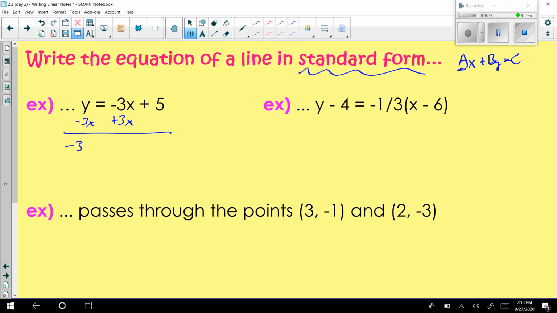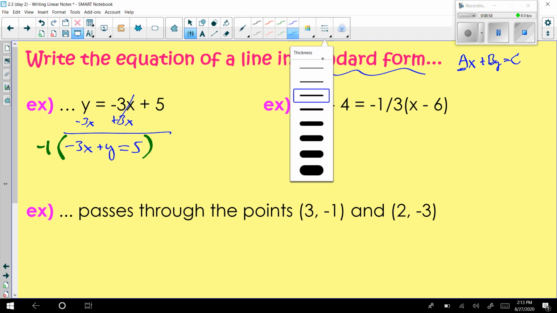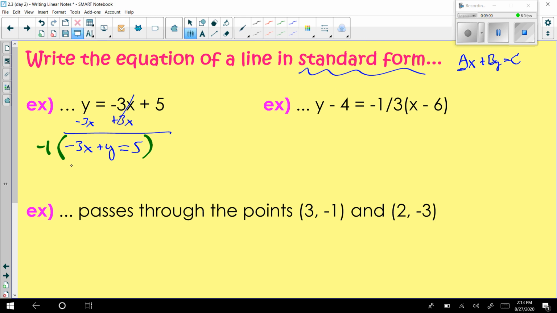And it's going to be -3x plus y equals, those cancel, 5. And then just to get the a term positive, I'm going to multiply everything times -1, which will make this positive 3x minus 1y, or minus y, equals -5.